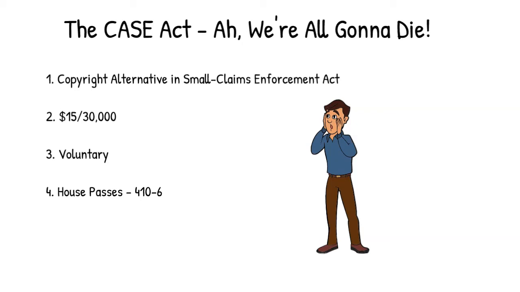Now, that may sound kind of aggressive, but that puts you back in the position you would be in today if the CASE Act didn't exist. If a copyright infringement claim is being made against you, the proper course of action now is to file a copyright infringement lawsuit in federal court. So if you opt out of the Copyright Claims Board action, there you go. You're in the same position as you would be in now.